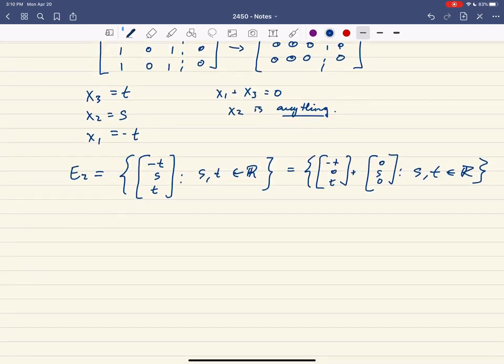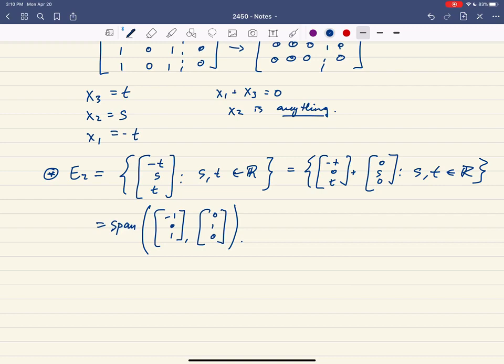Or finally, I think it's best just to write this as the span of those two vectors, or any scaled version of those vectors, (-1, 0, 1) and (0, 1, 0). Okay, so that's the eigenspace corresponding to the eigenvalue 2.